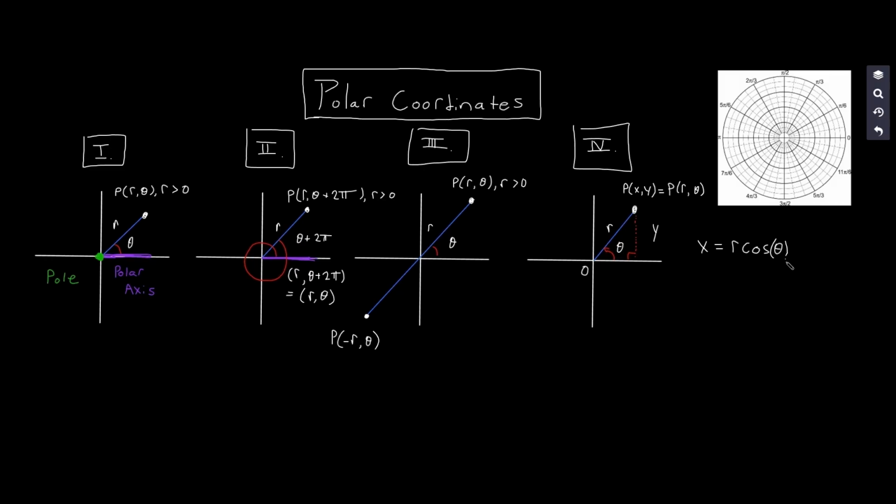I could just throw some parentheses on there to be neat. y equals r sine theta. r squared equals x squared plus y squared. And like we talked about before, tangent of theta is equal to y over x.